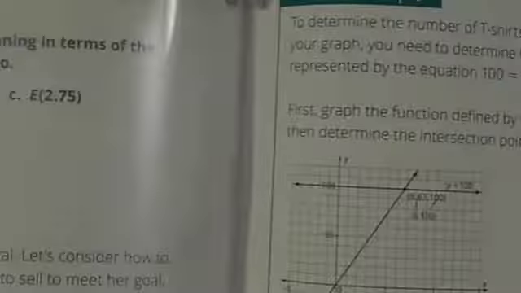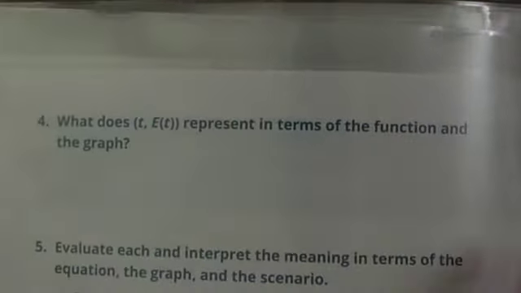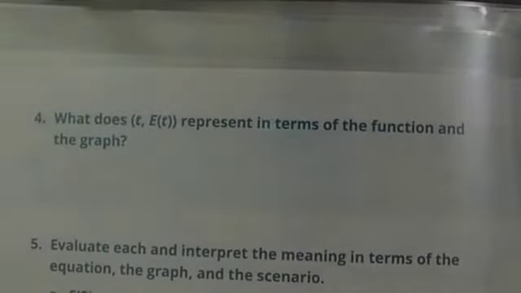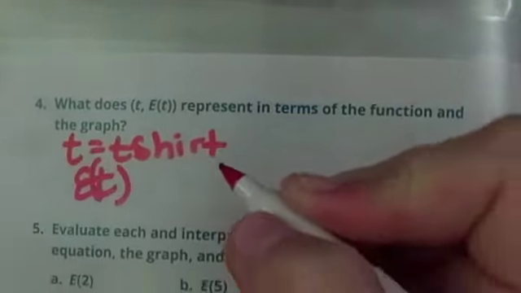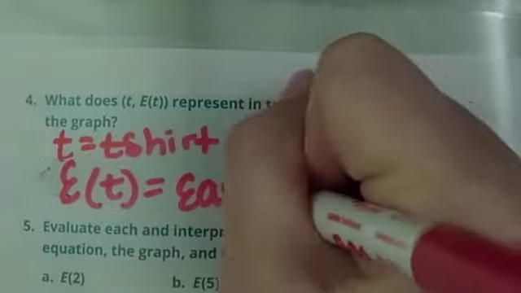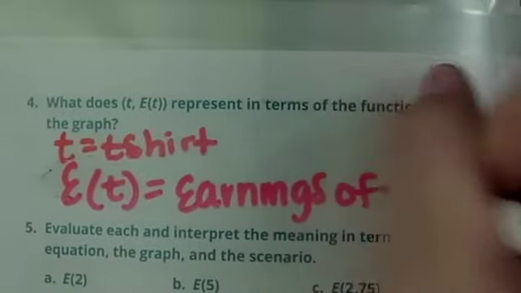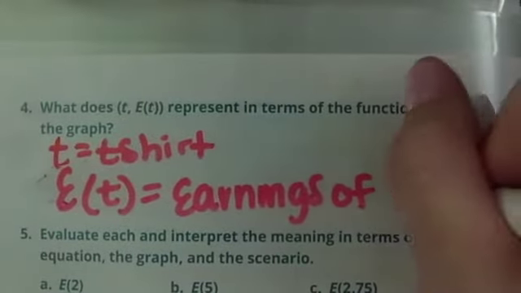Okay, I'm going to flip to the next page. So remember, T is t-shirts. So T equals t-shirt. E of T, remember in function, that's terrible writing, sorry, that was way too close together. E of T equals earnings of shirts.